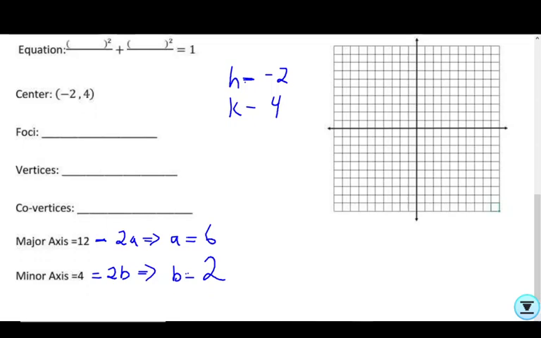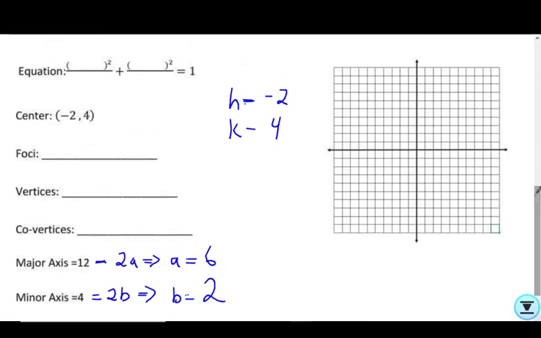On this one, they didn't tell us whether it is vertical or horizontal, and there's no way to know for sure, since they didn't say the major axis is horizontal or vertical. Basically, it doesn't make a difference where you put a or b. So here we're going to put x plus 2 because that's my h, and k makes this y minus 4.